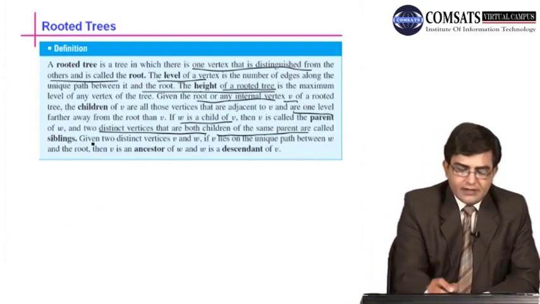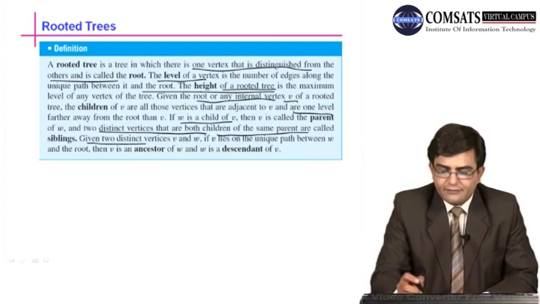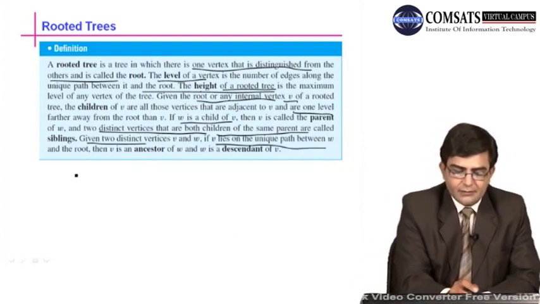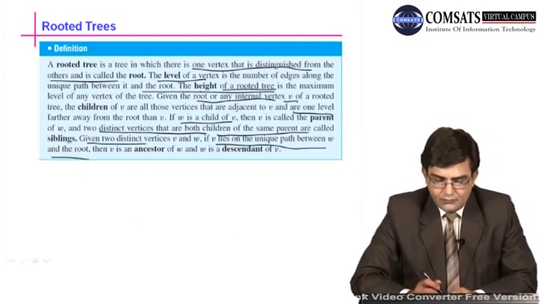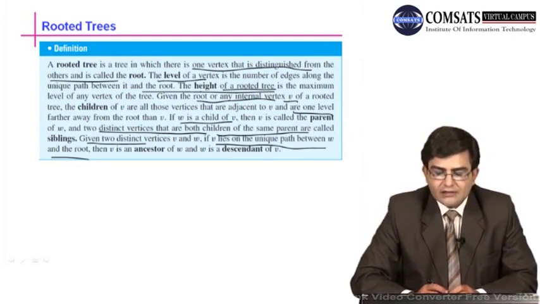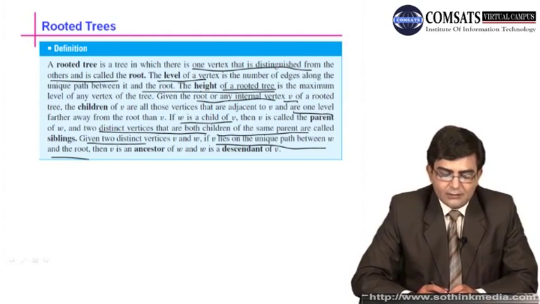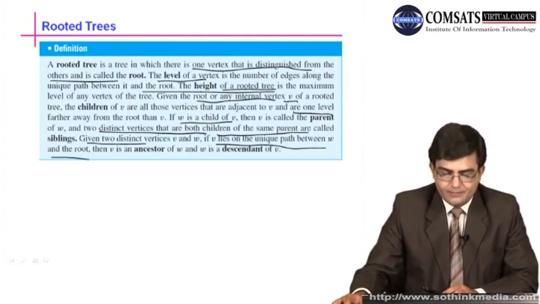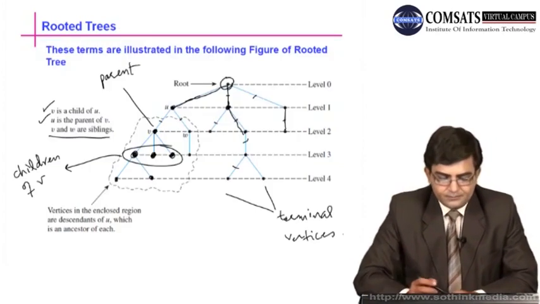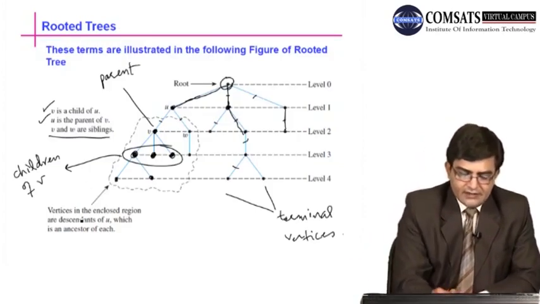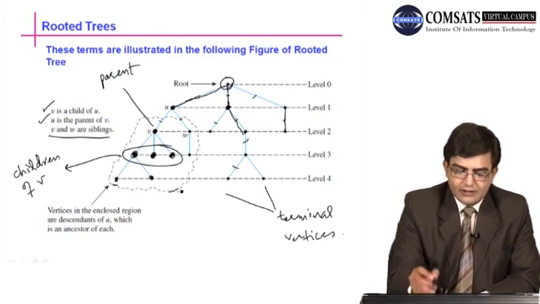The next is, if we are given any two vertices v and w, and v lies on the unique path between w and the root, then v is an ancestor of w and w is a descendant of v. For example, here the vertices in the enclosed dotted region are descendants of u.